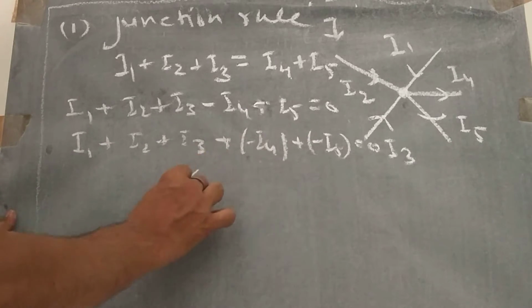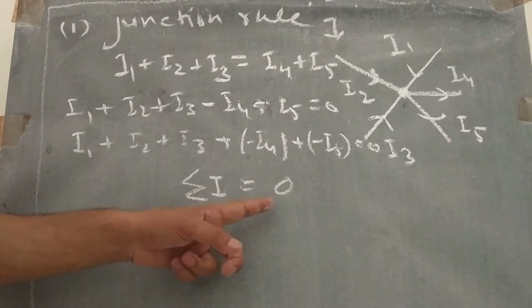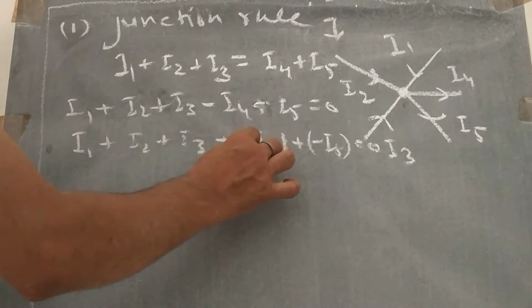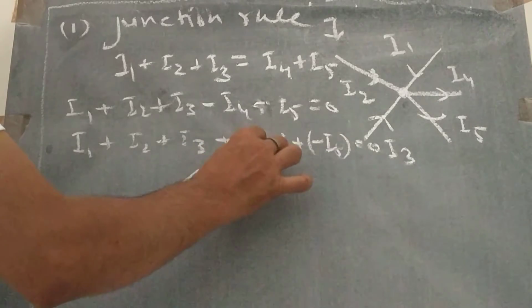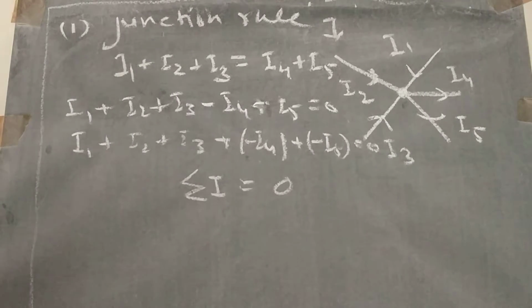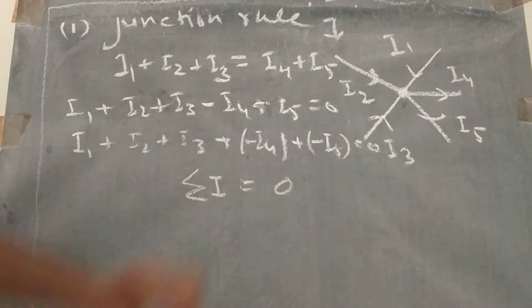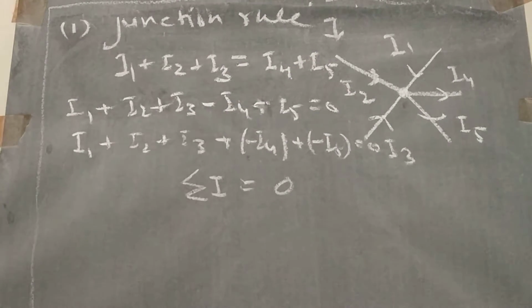That is why I can write it as summation I equals 0. Summation I equals 0 is only possible if we give the convention. So convention plays a very important role and we have to understand the convention also. So at any junction, incoming current will be taken as positive and outgoing current will be taken as negative.